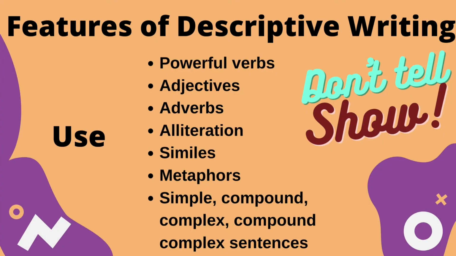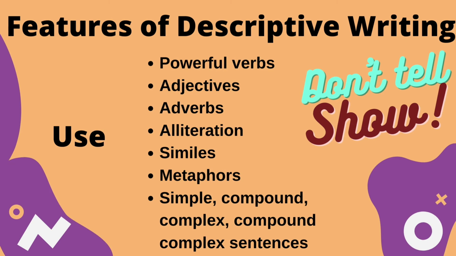As a conclusion, let us look at the features of descriptive writing. So we need to use powerful verbs, we need to use a lot of adjectives, adverbs, alliteration, similes, metaphors, and then simple sentences combined with compound sentences, complex, compound-complex sentences. So we have to have a mix of different sentences to describe objects, people, animals, things around us, things that we see.